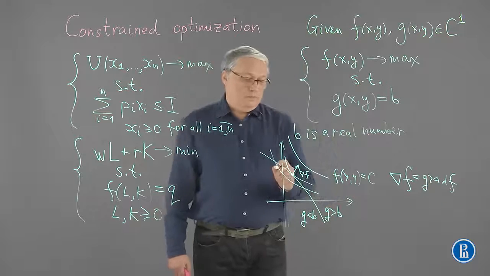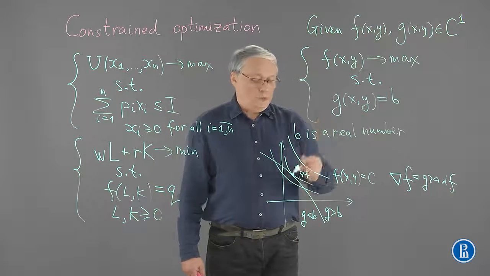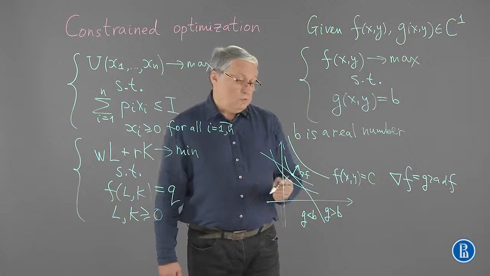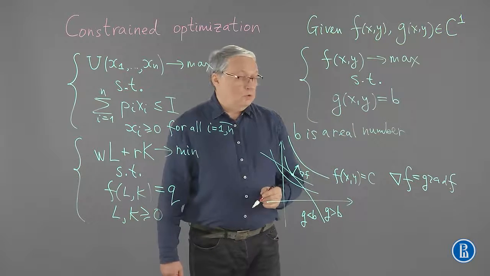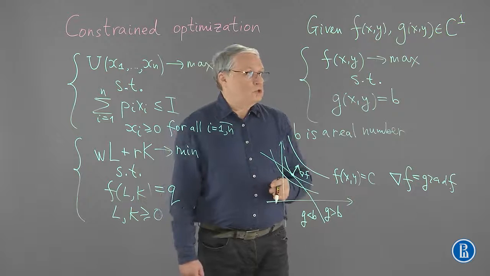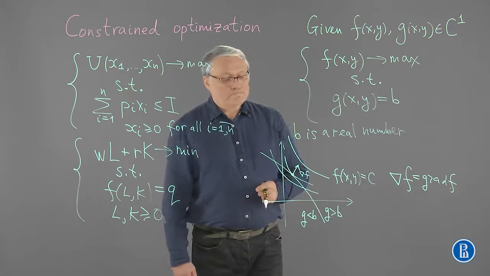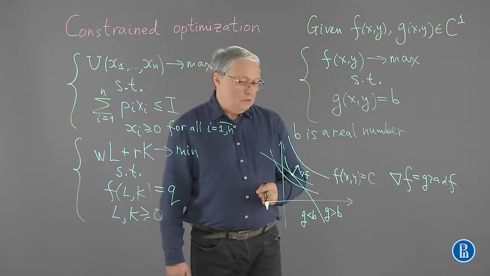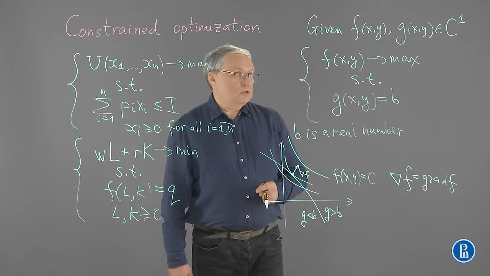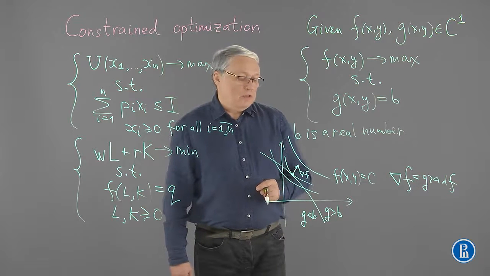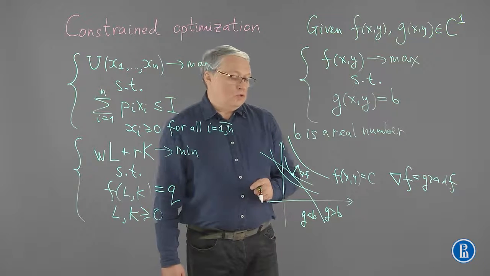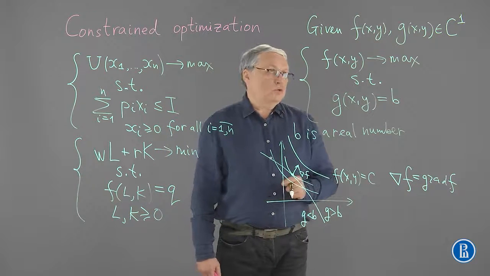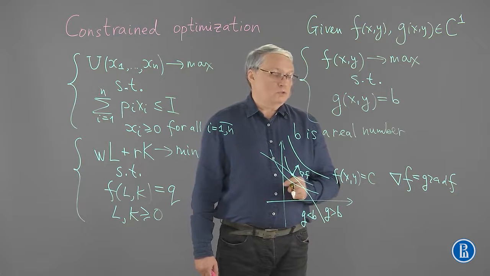But at the same time, this curve representing the constraint equation is a specific level curve for the function g. And we know from a proposition proven earlier, when we considered the implicit function theorem, that a gradient at a point which belongs to a level curve is perpendicular to this level curve at this point.